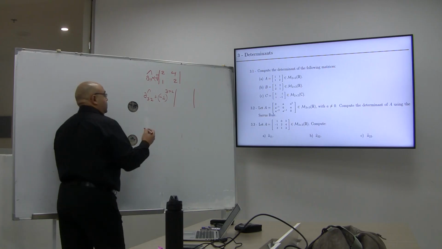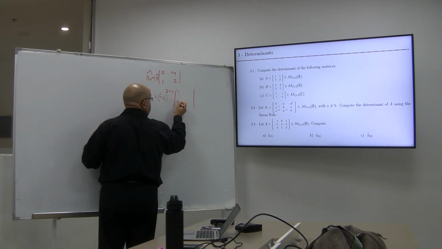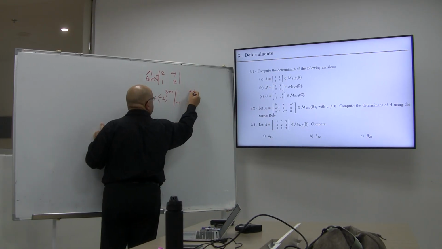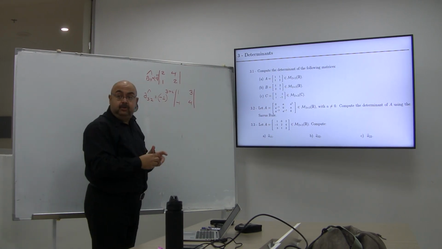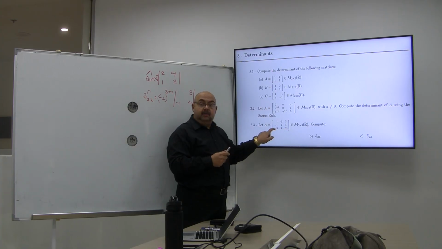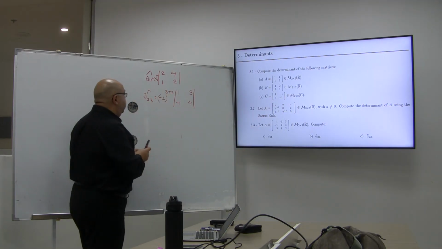Isn't 3 by 2 the third row and the second column? So it will be 1, negative 1, 3 and 4. Okay, of course I can evaluate it really very simply.